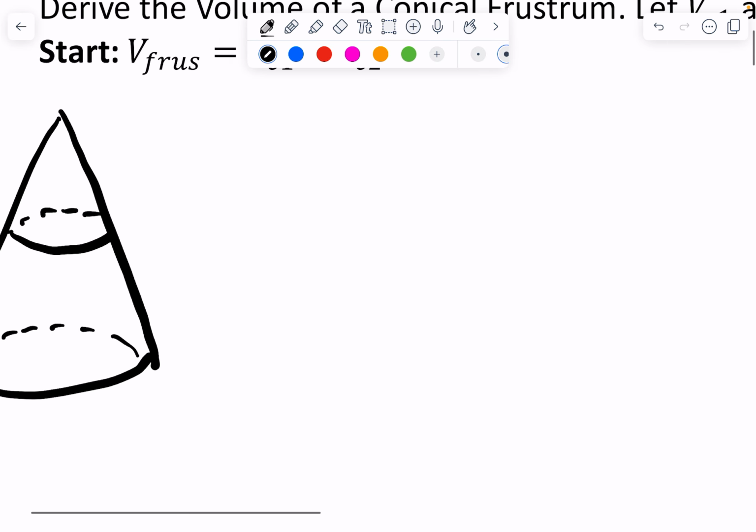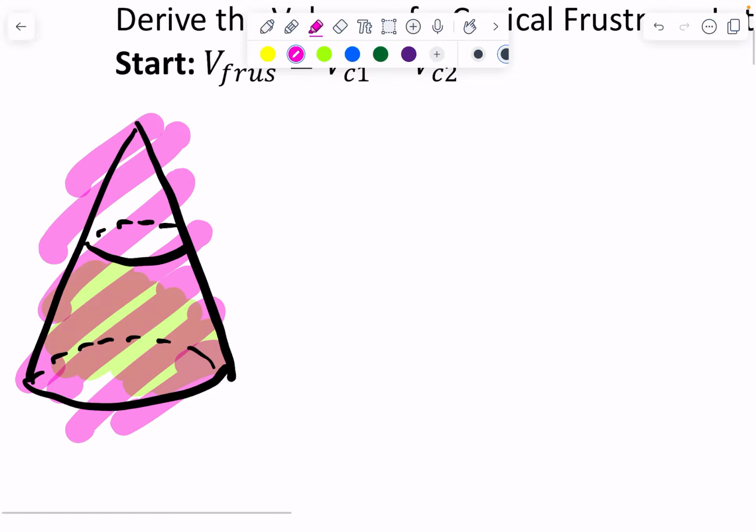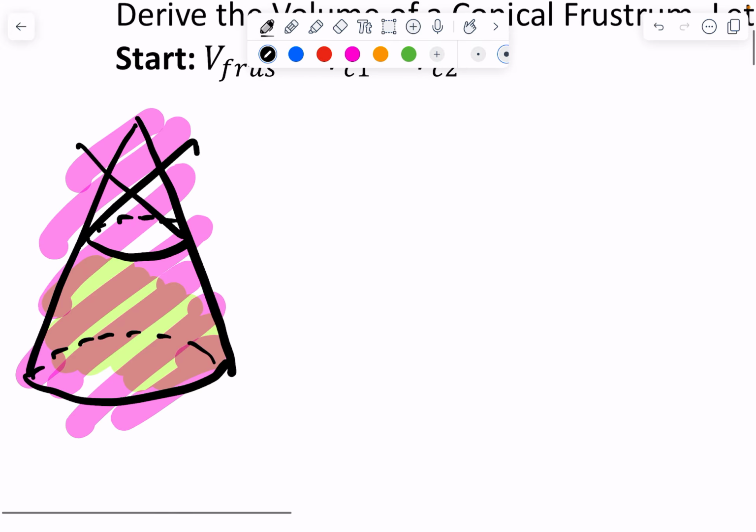And then we would take this whole thing and subtract the top part, so we are left with this part. This part is equal to the whole thing minus the top part. We don't want that part anymore.